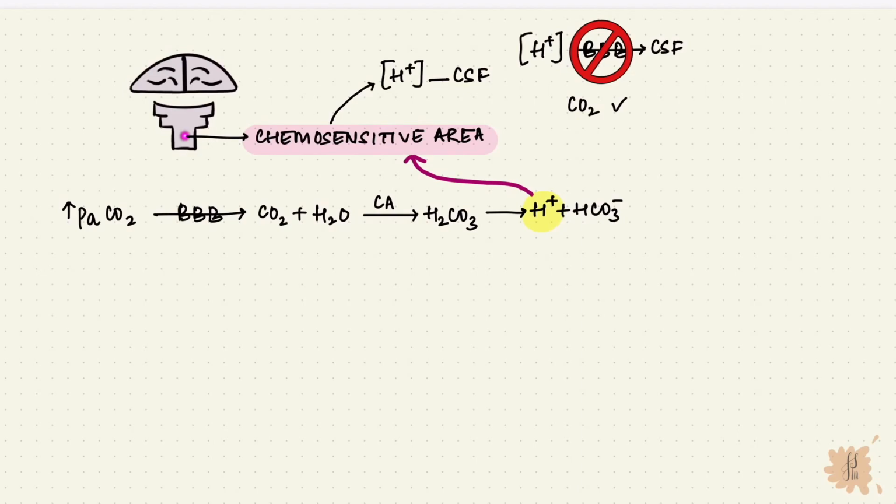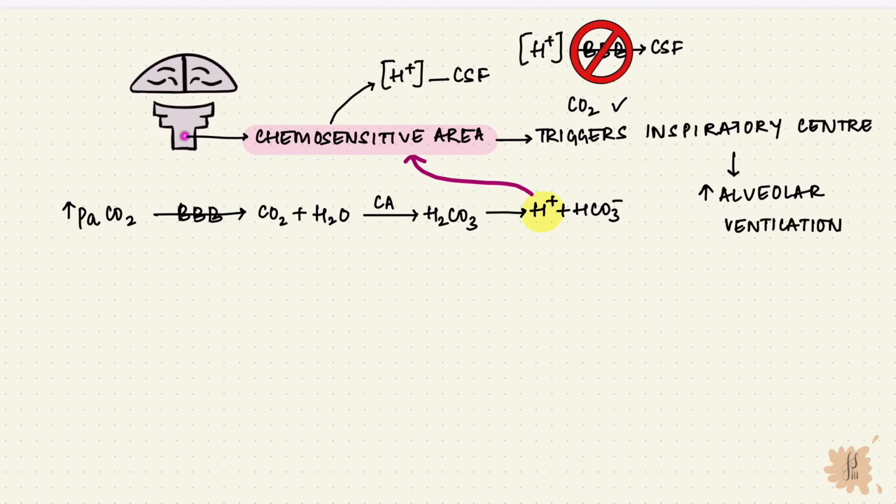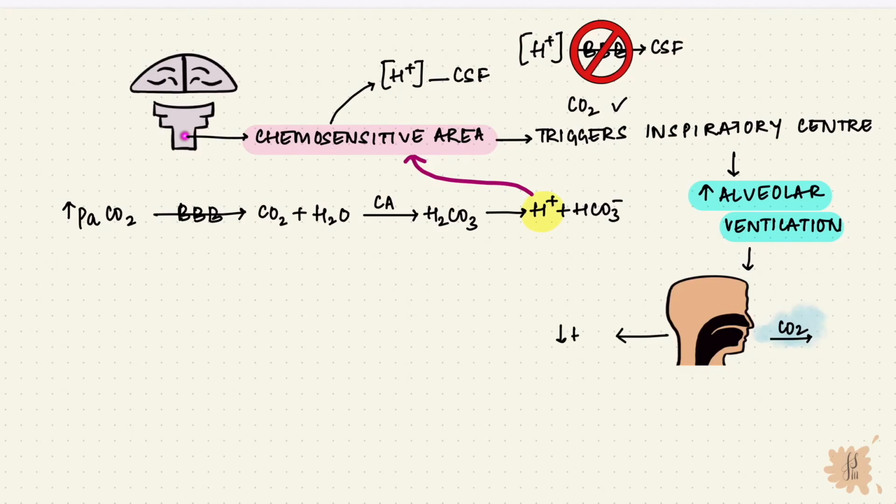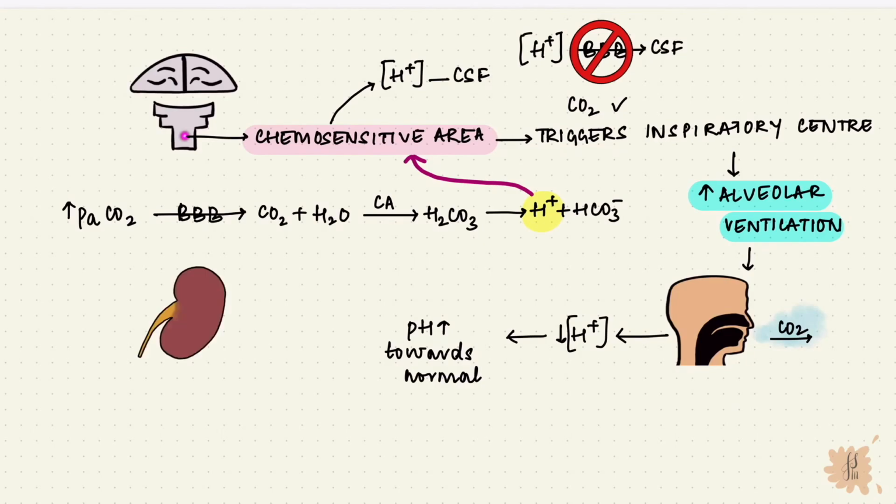These hydrogen ions trigger the inspiratory center, which increases alveolar ventilation. So there's removal of the excess carbon dioxide, lowering the hydrogen ions and normalizing the pH. This effect fatigues in 1 to 2 days when the kidneys take over and increase hydrogen ion secretion and increase bicarb reabsorption.